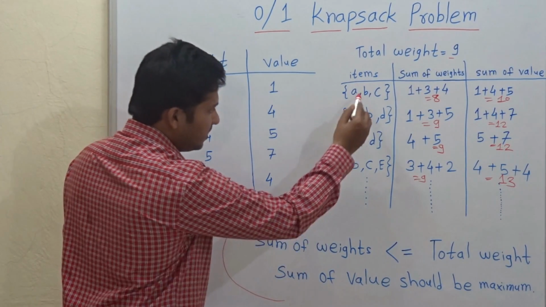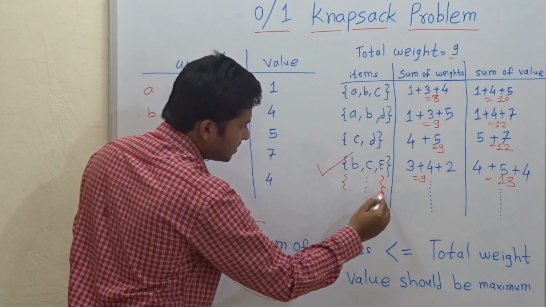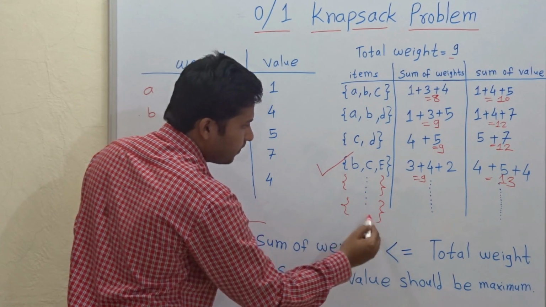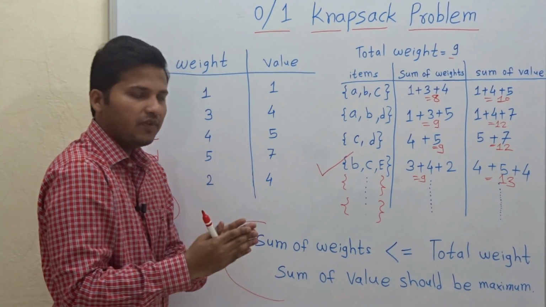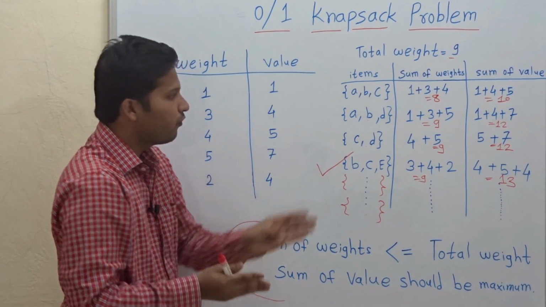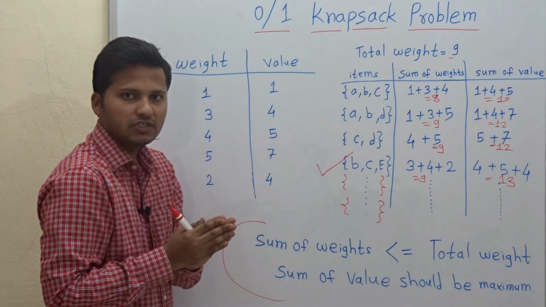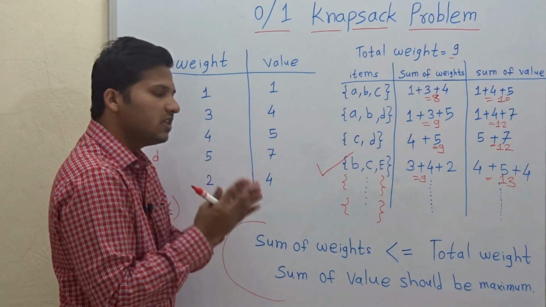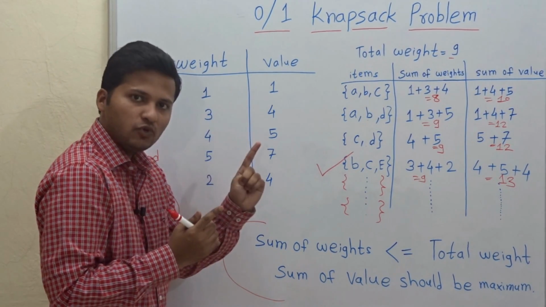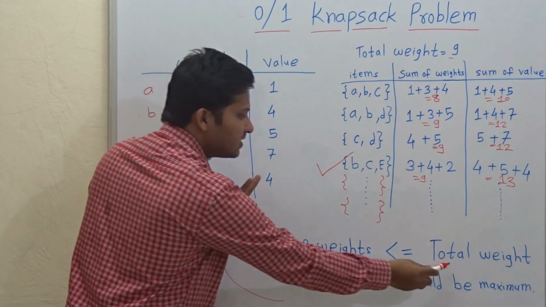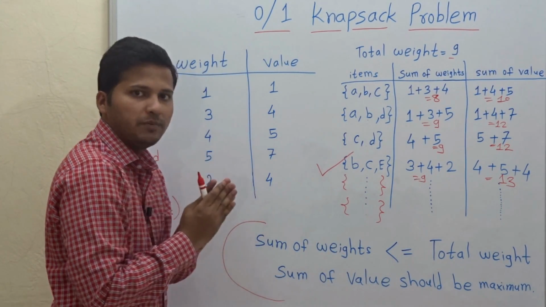Remember that here the selections continue, means there can be some more sets also. So after calculating the total weight and total value for all the sets by permutation and combination, we will select that set which has the maximum value and the sum of weight is less than total weight. This is the knapsack problem.